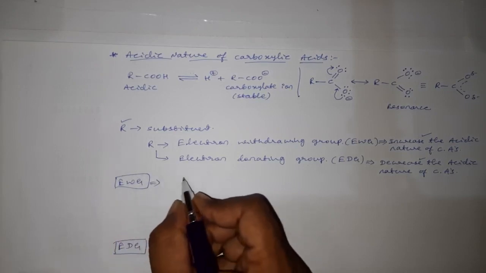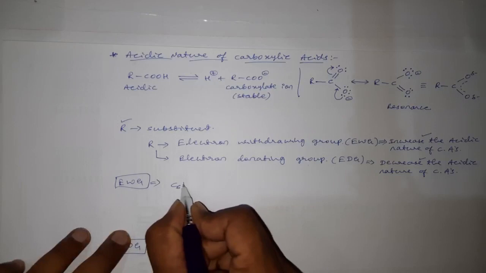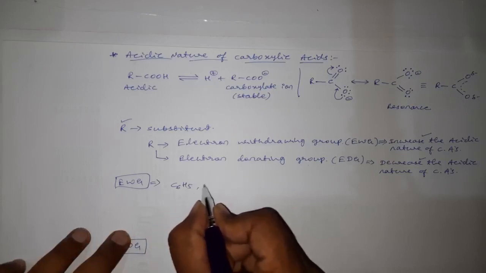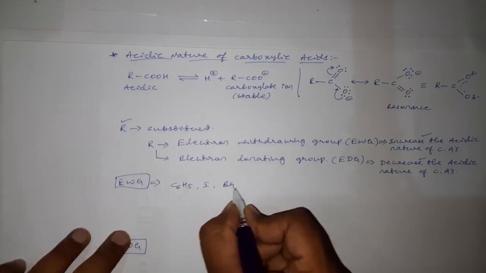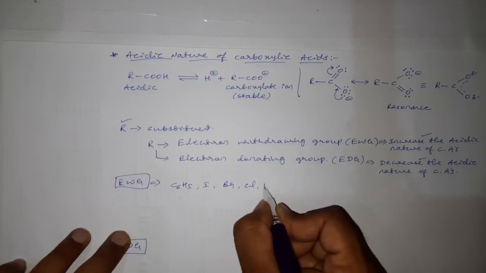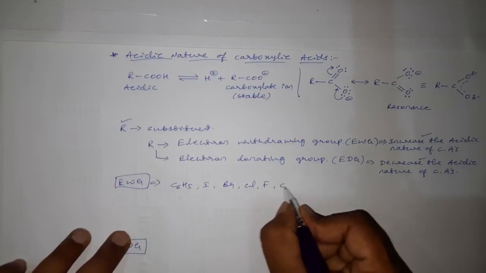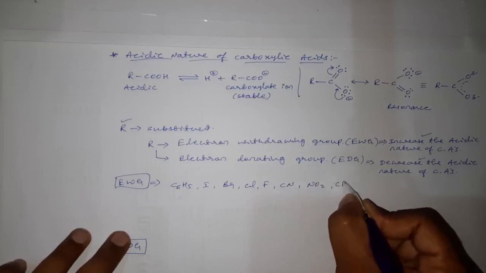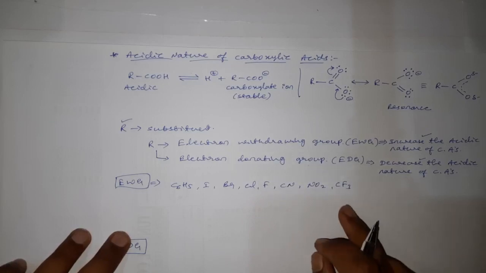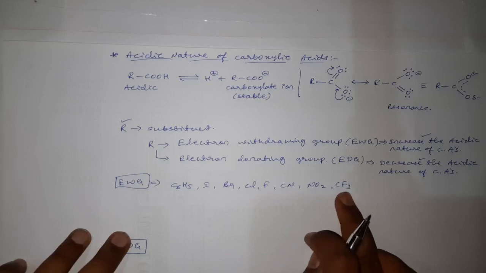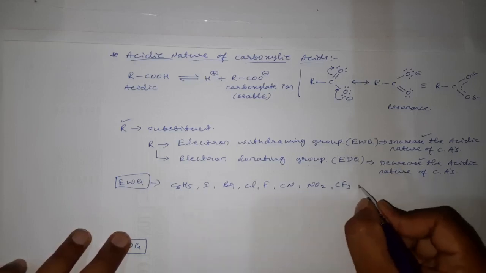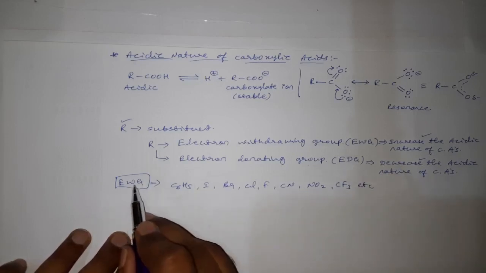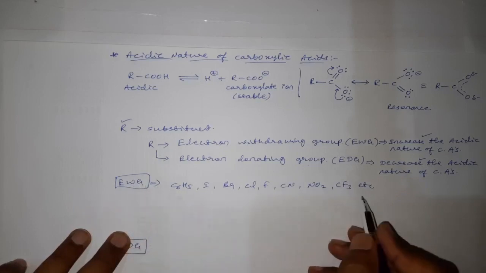Electron withdrawing group examples are C6H5, iodine, Br, chlorine, all halogens, fluorine, cyano, nitro, trifluorocarbon. These are some examples of electron withdrawing groups.